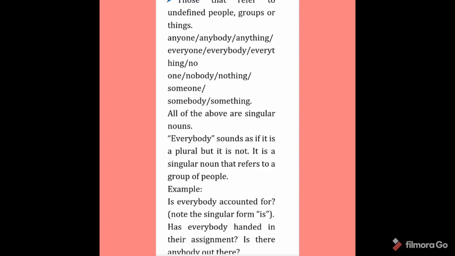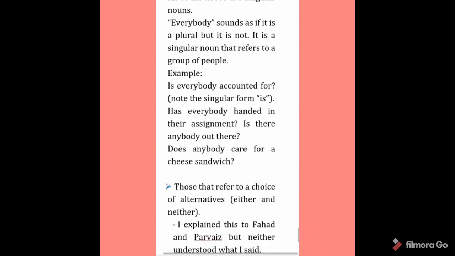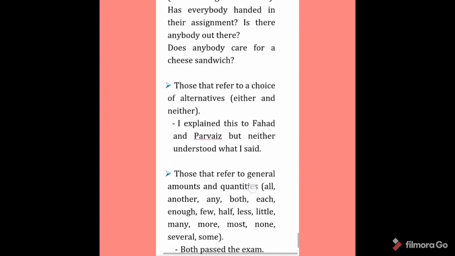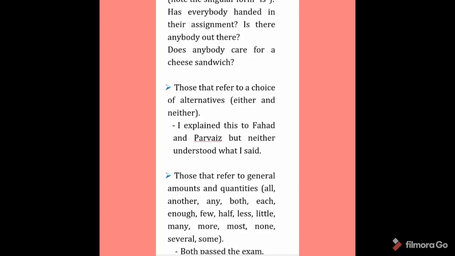For example, everybody sounds as if it is a plural, but it is not. It is a singular noun that refers to a group of people. Now we take an example. Is everybody accounted for? Here you may assume that everybody refers to many people, so a plural form is used, but this is not the case.